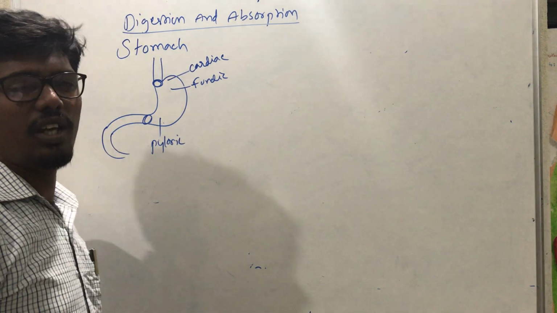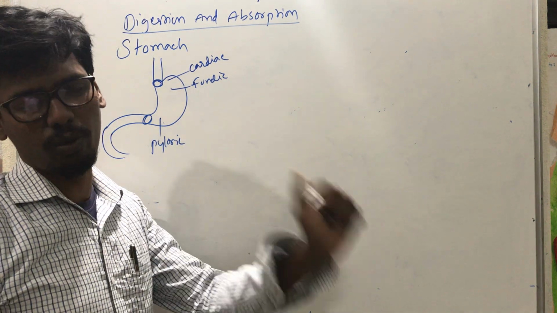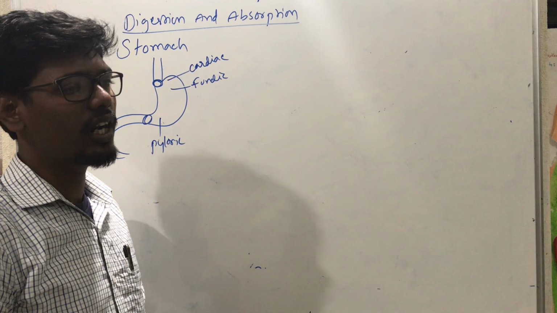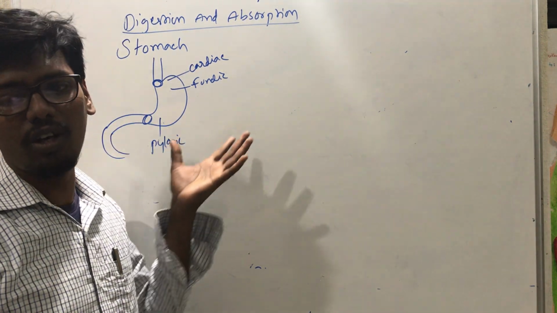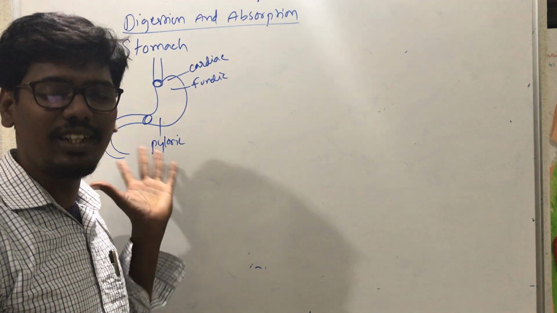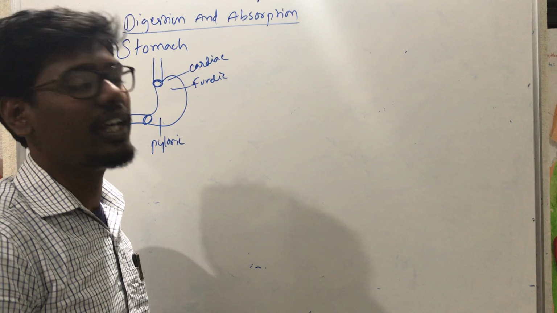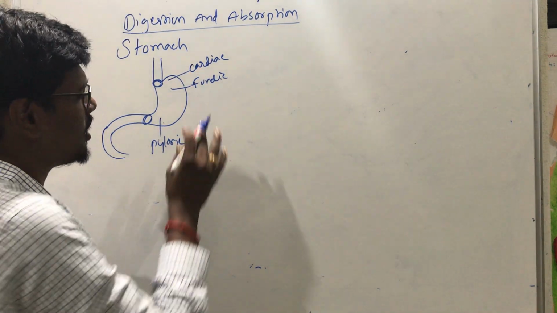The stomach has gastric glands present in it. Where they are found, we will see and discuss clearly. The cardiac part has nothing here.